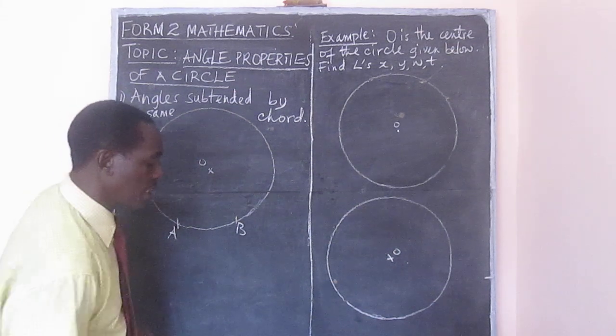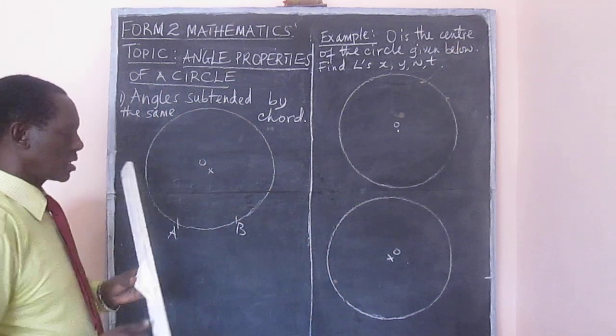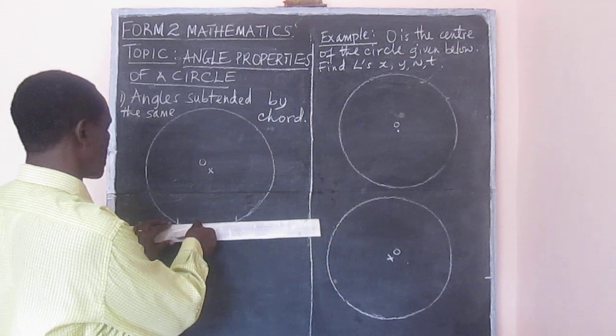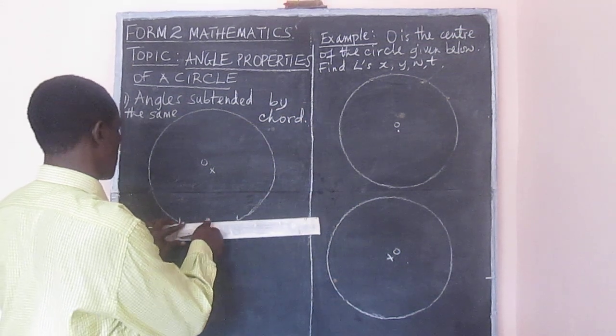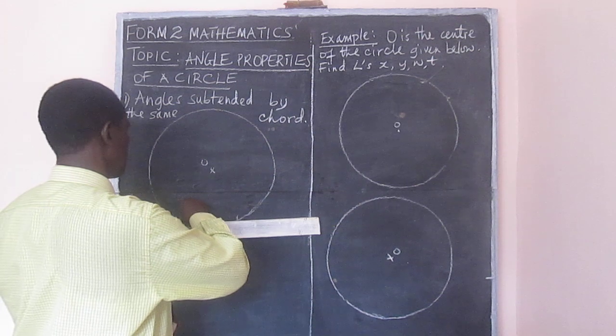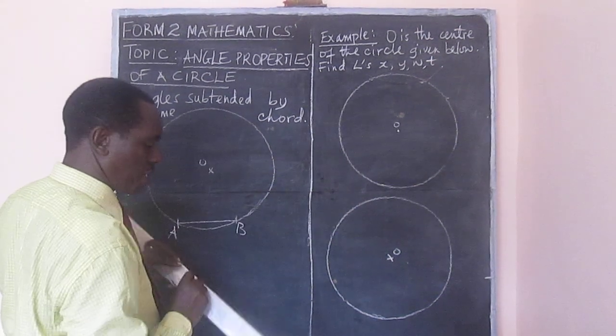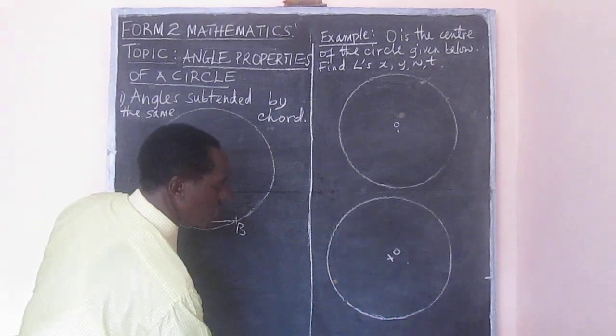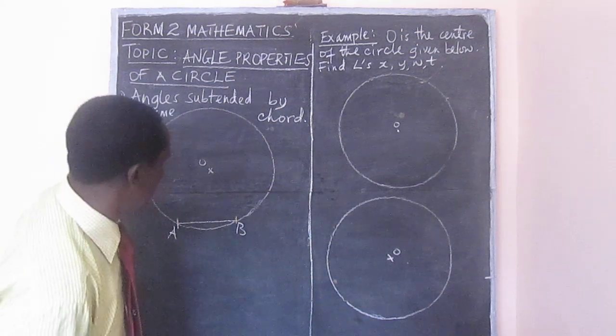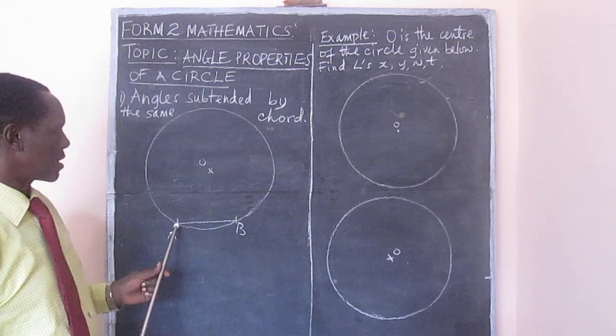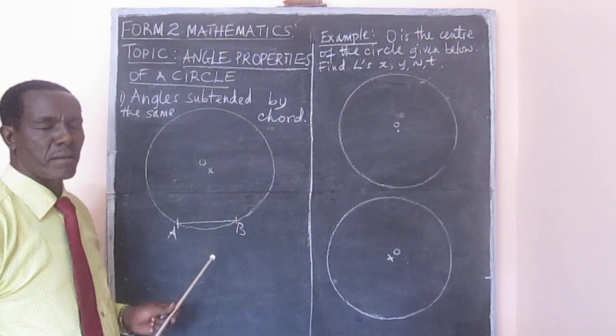We can join AB like that. There you have it. We have joined A to B, and now what we have is the chord AB.